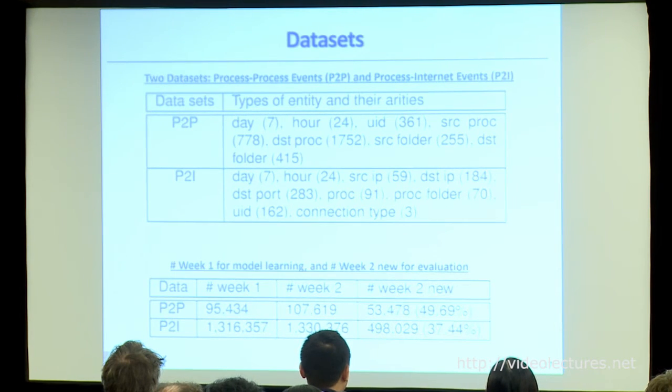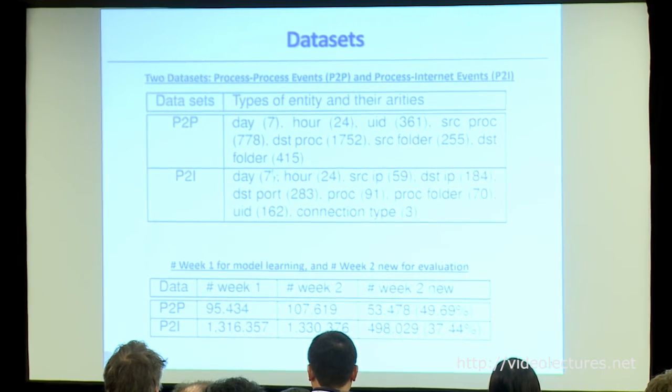There is some entity summarization in this table. Then what we do is use week 1 to build our model and learn the parameters according to the week 1 information, and then we see whether we can detect the anomaly events in week 2.